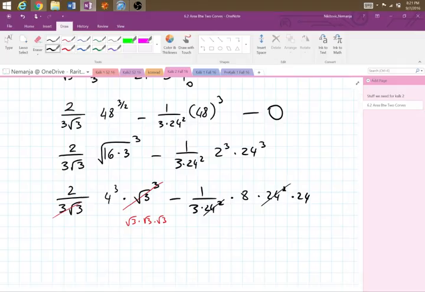And look what I got. 2 times 4 cubed. And on the other side, I have a 24 and 3 cancel, leaving 8 behind. And that's 8 times 8 is 64. Yep. Ta-da. Awesome.